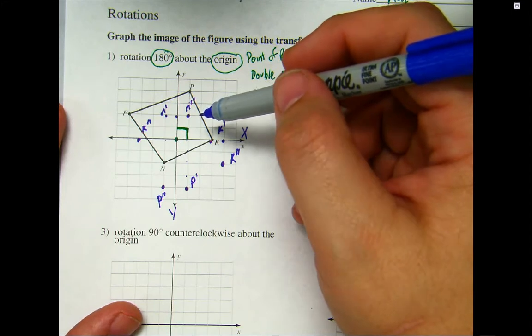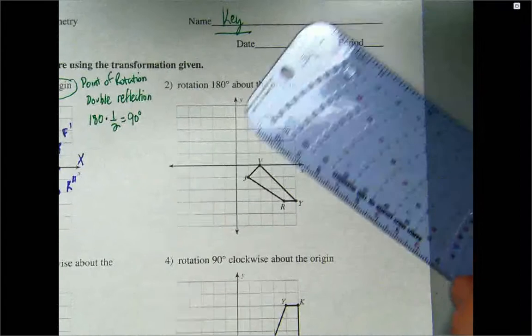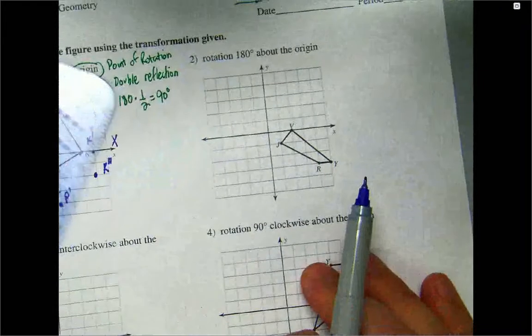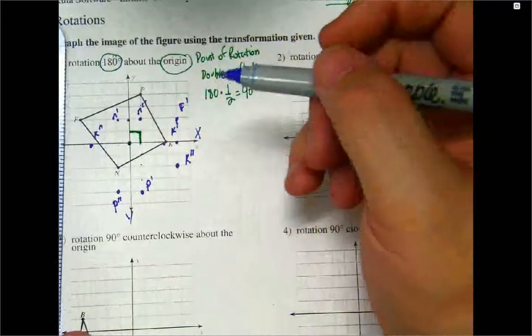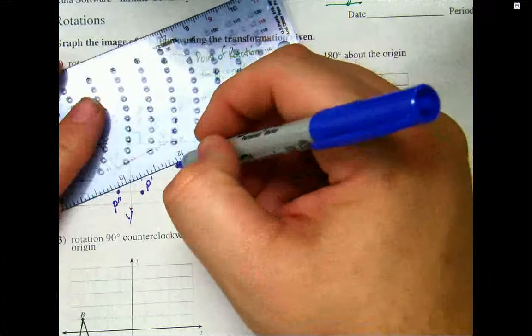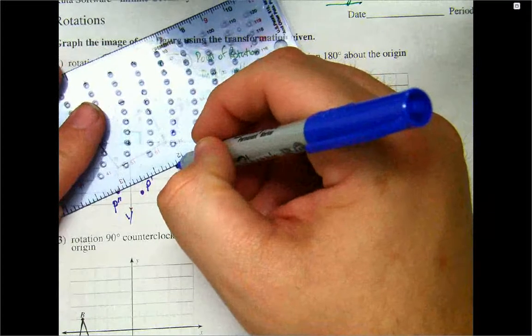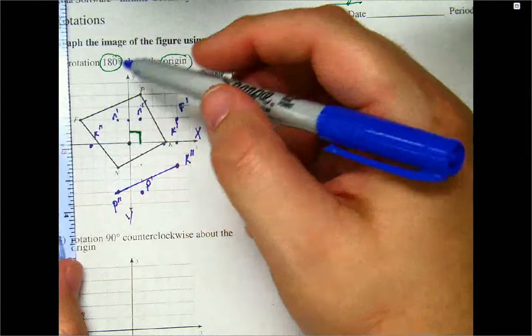Okay, N double prime. So what we'll do is take some type of straight edge and connect P to K, P double prime to K double prime. P goes to F double prime.